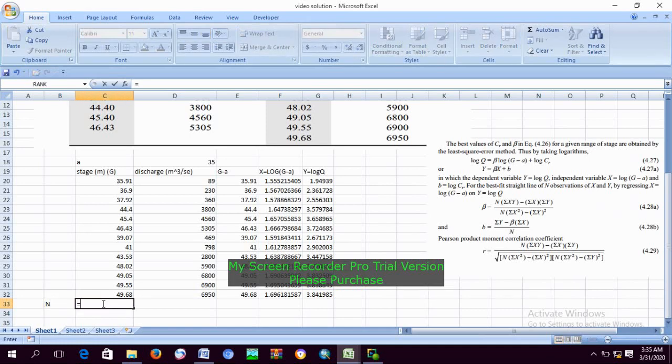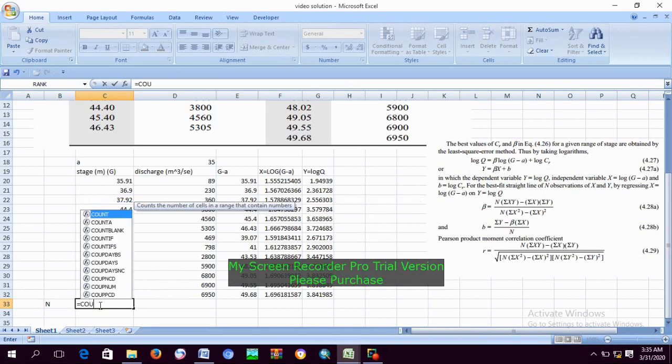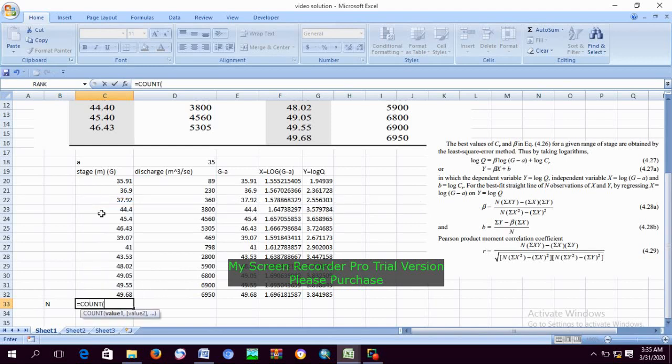This is equal to the count of this value, and later n is equal to 13. So n can be calculated, then beta is equal to... where is beta?